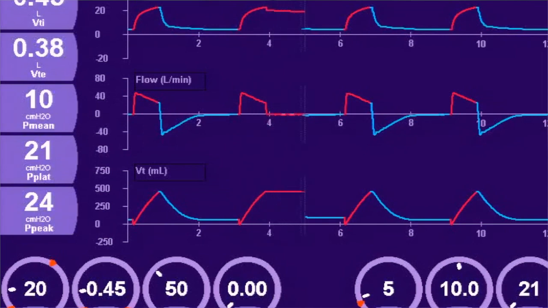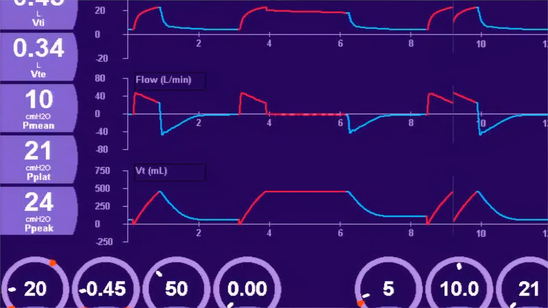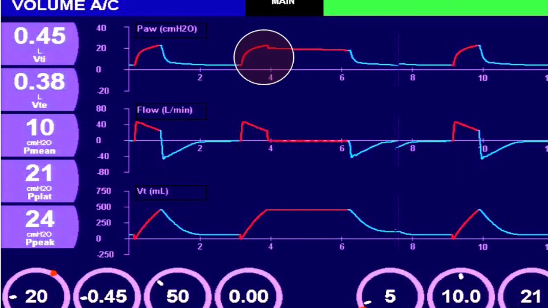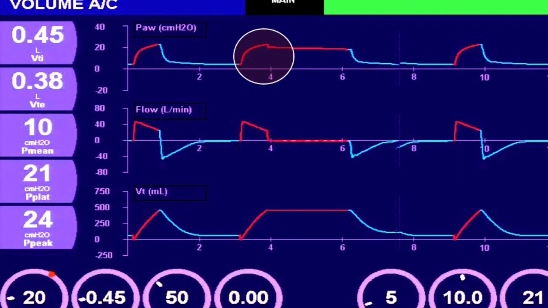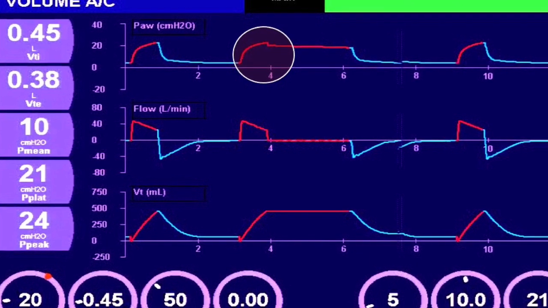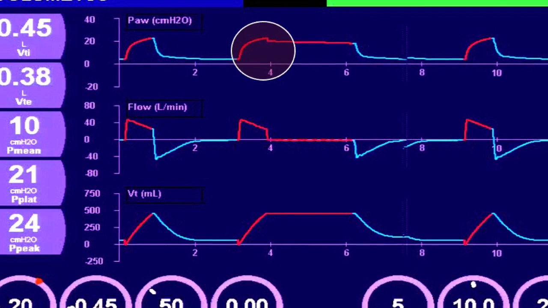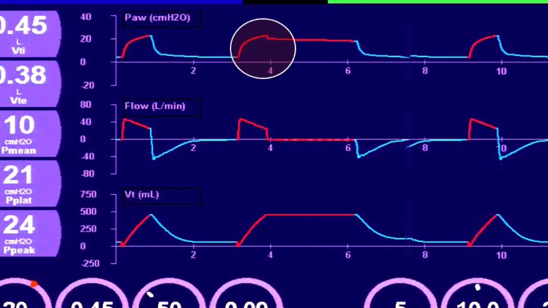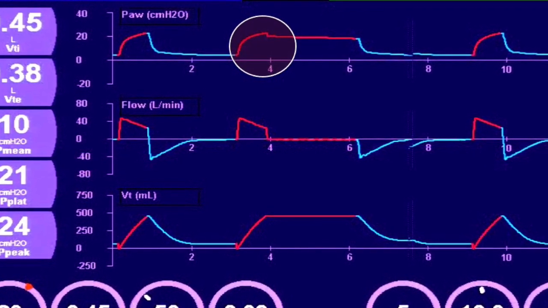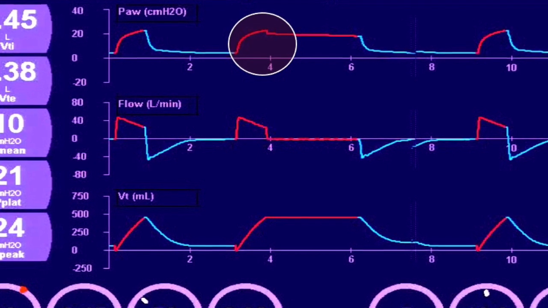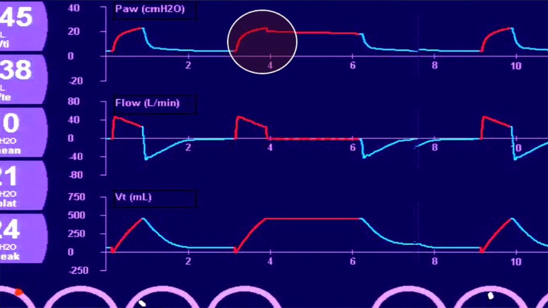On the other hand, when the plateau pressure almost matches or is very close to the peak pressure, that indicates alveolar compliance. So when the P plat almost matches your peak, it is indicative of alveolar compliance. For those patients, you have to think of recruitment maneuvers, that may include an alveolar recruitment maneuver or just going up on the PEEP.